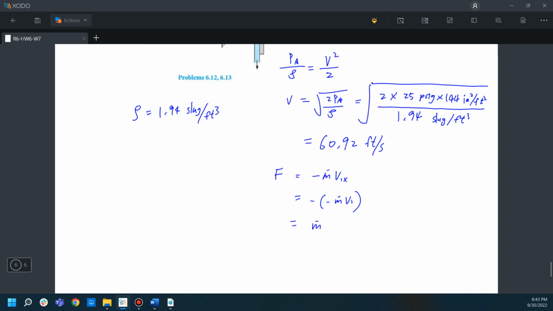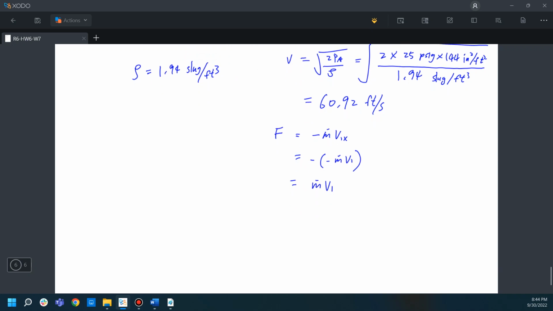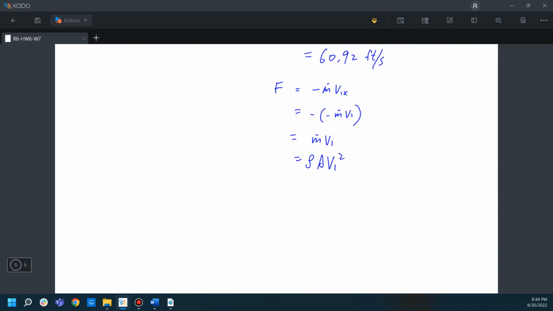That's m dot times v1, and this is equal to rho times A v1 squared. So the area is equal to the force divided by rho v1 squared.